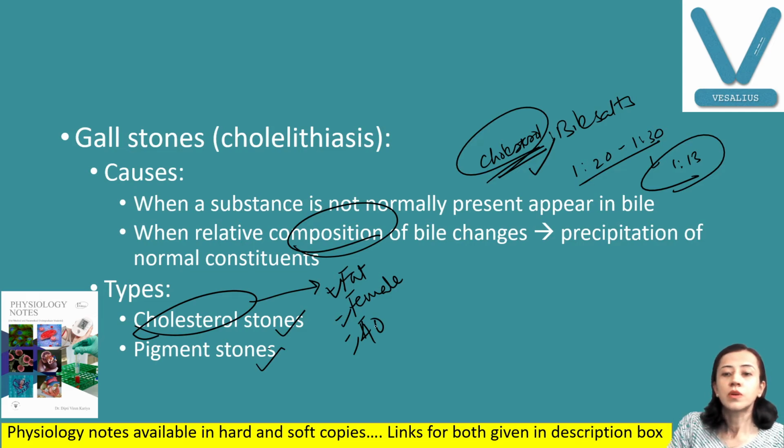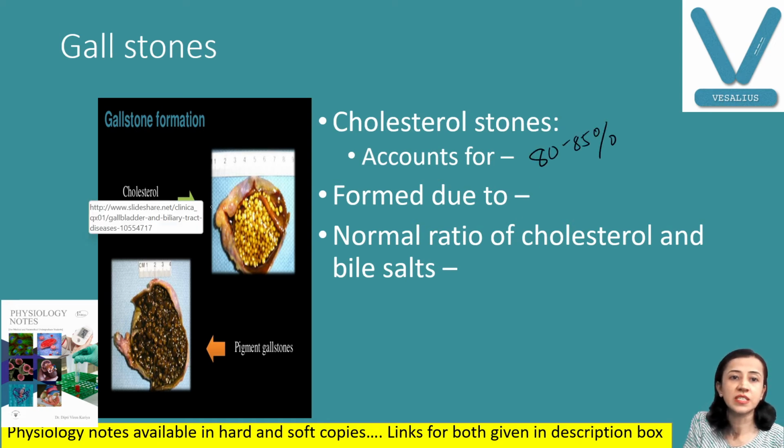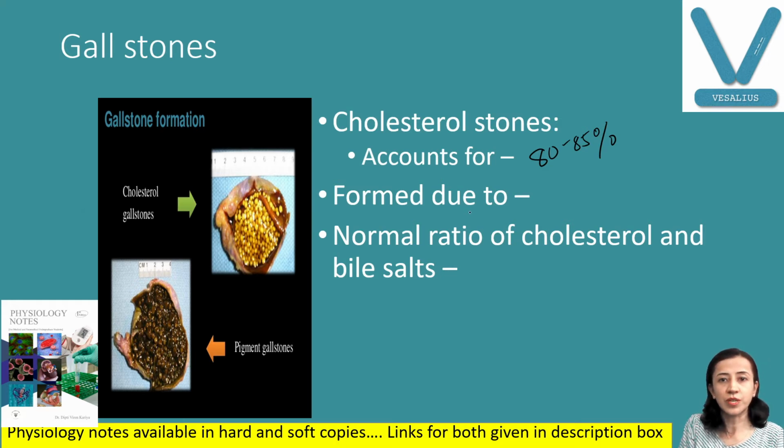Now we will discuss cholesterol stones. These account for about 80 to 85% of total gallstones. You can see here the cholesterol stones found. As I told you, they form because of precipitation of cholesterol.